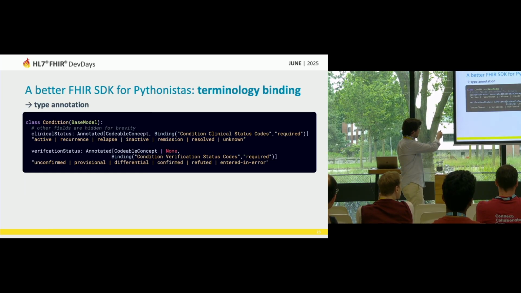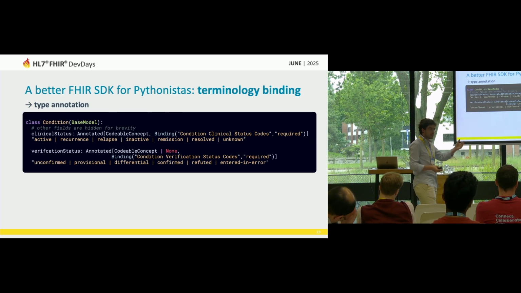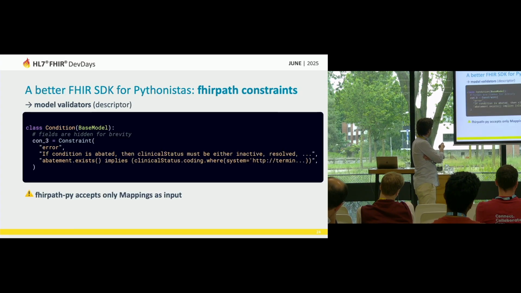Bindings, the same thing. Important for terminology checks is that we've only been successful in validating static terminology, so you have to store the value sets themselves as JSON files in your repo. It's not dynamic to a terminology server, but that does the job, I think.